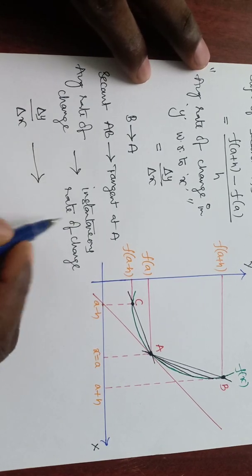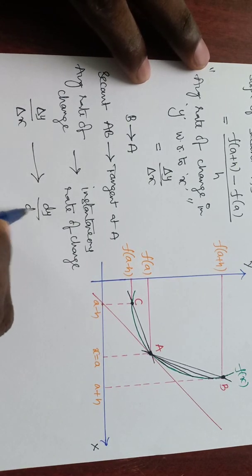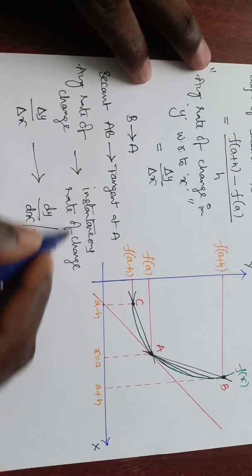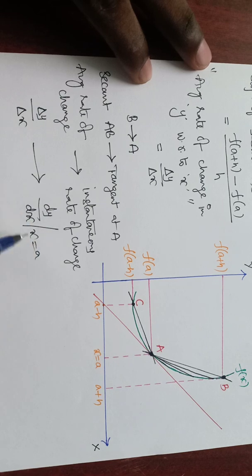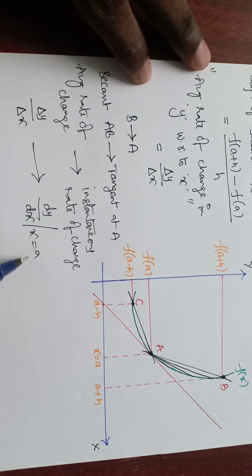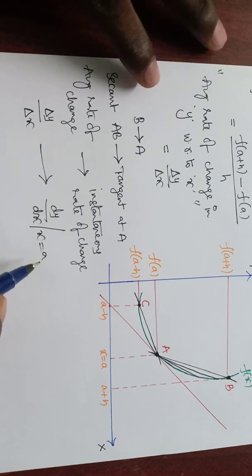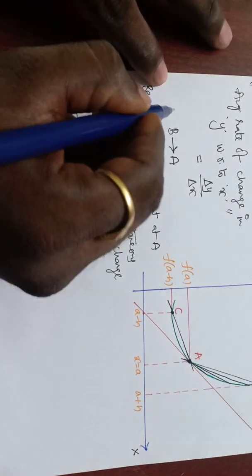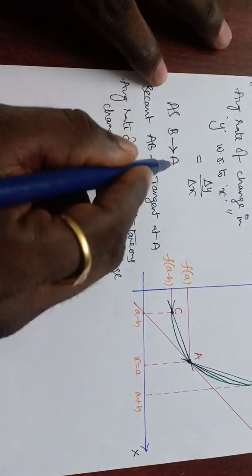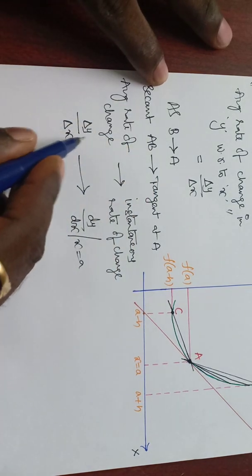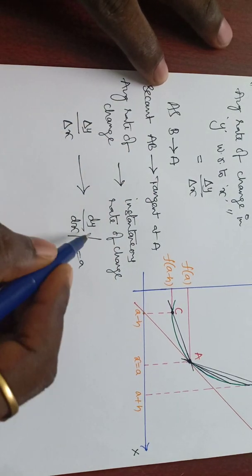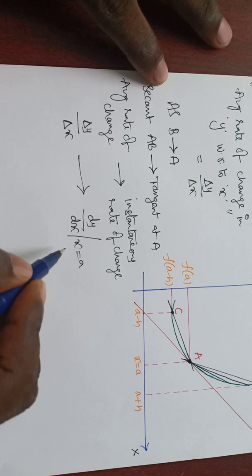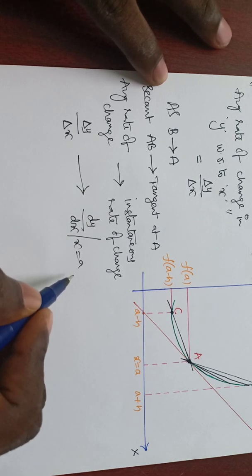It approaches dy by dx at x equal to a, which is also known as the derivative of the given function at x equal to a. See, clearly as b approaches a, delta y by delta x approaches dy by dx at x equal to a.